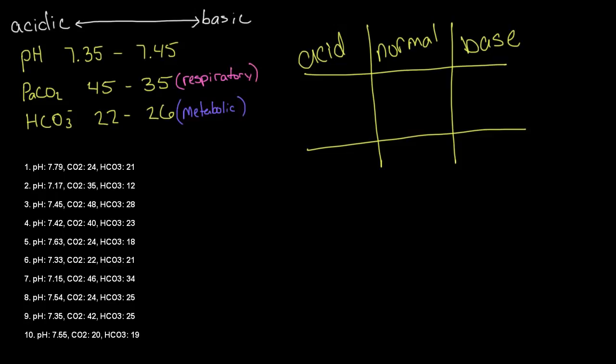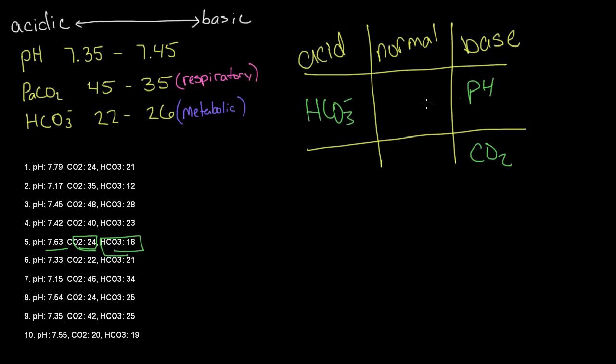Number 5. pH is 7.63. It's basic. Our CO2 is 24, which is also basic. And our bicarbonate is acidic, so it goes over here in the acidic column.